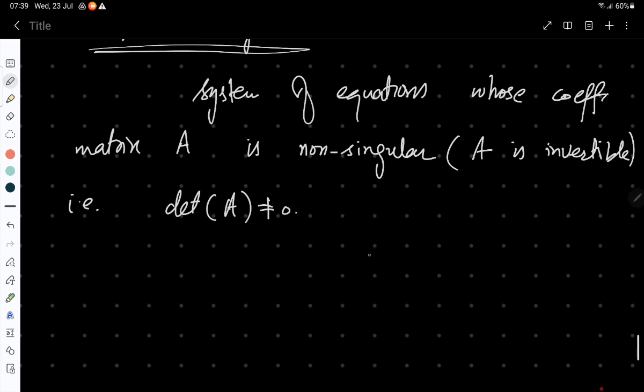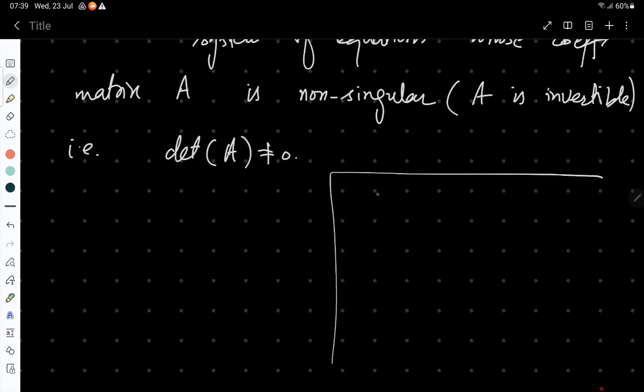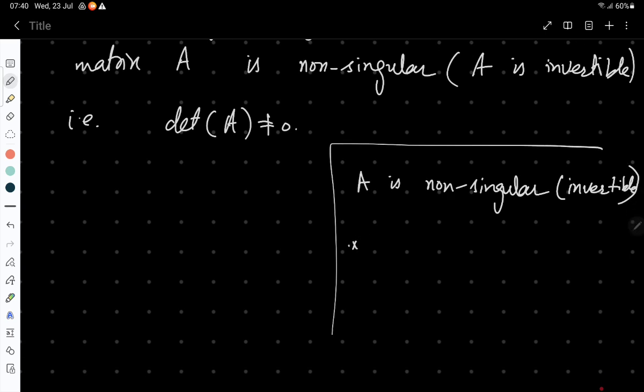So there are two conditions for the matrix to be non-singular. A is non-singular means invertible, and invertible means whose inverse exists. Either A becomes identity after row reduced echelon form, I mean, if I apply row operations on A to convert it into row reduced echelon form, it becomes identity, in other words all pivot entries are 1.